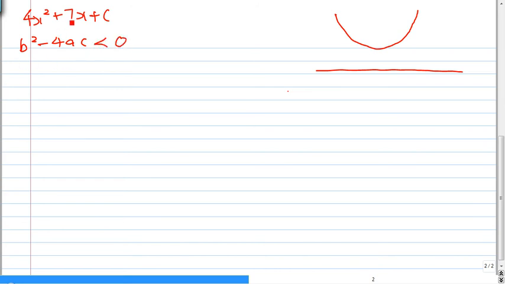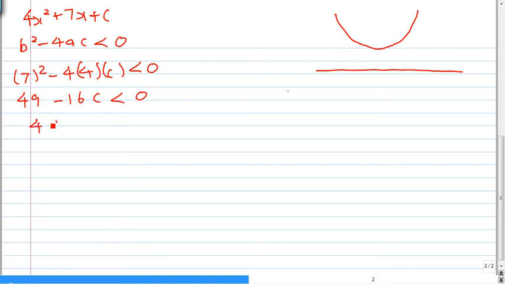So in this case, b is 7, squared, minus 4, a is 4, and c is just c, less than 0. 7 squared is 49 minus 16c is less than 0. 49 is less than 16c. c is greater than 49 over 16. c is greater than 3 and 1 over 16.